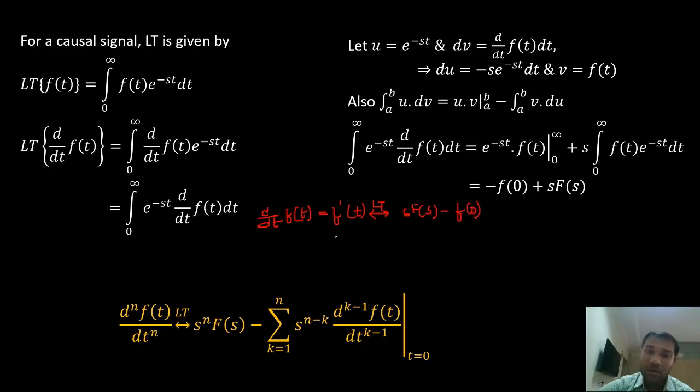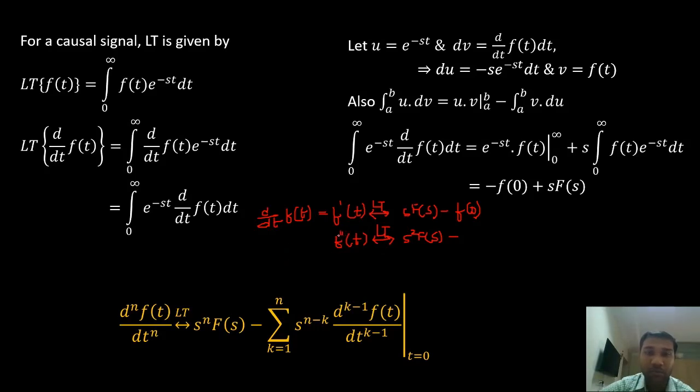Now, in case of a double differentiation, that is d square by dt square of f of t, my Laplace transform is going to be s square into F of s minus the summation, k equals 1 to n. My n here is 2.